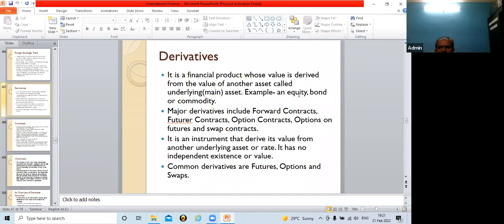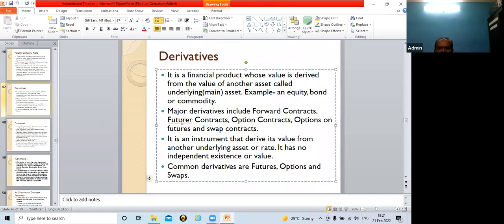Equity ही main asset आहे. Example is equity किंवा bond or commodity. याला म्हणतो आपण main asset. And major derivatives include forward contract, future contract, option. This is future contract.